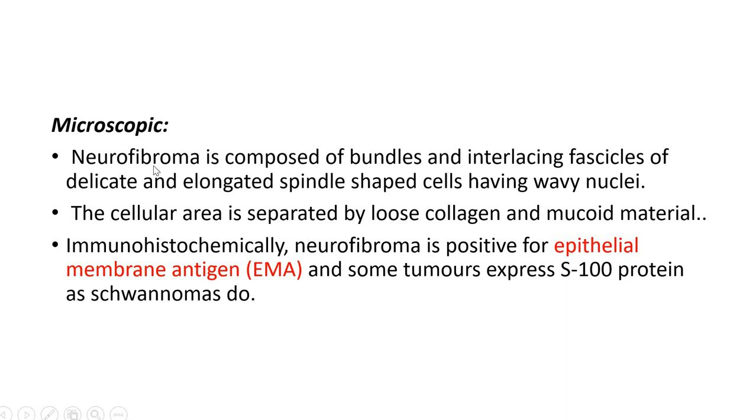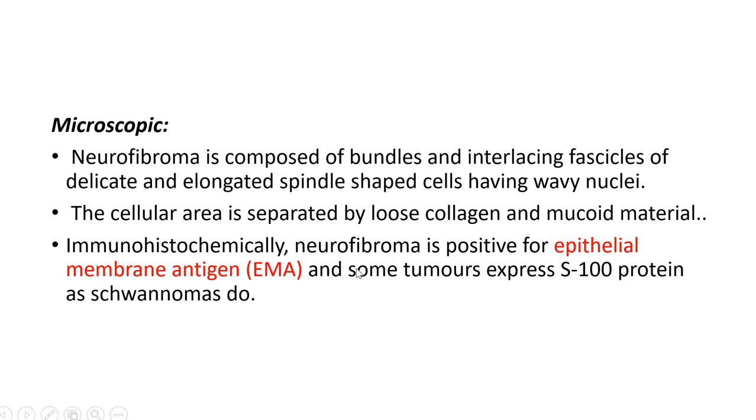And as the name neurofibroma suggests, there are two components: one is the neural part and one is the fibrous part. The neural part has cells with wavy nuclei, and the fibroma part has typically more plump spindle-shaped cells, and amongst these areas we find loose collagen or mucoid material.